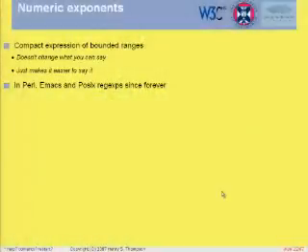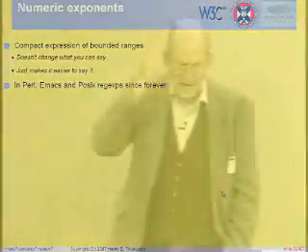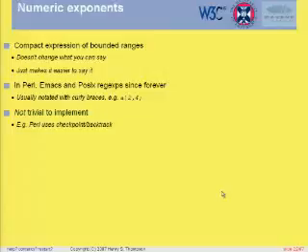And in Perl, Emacs and POSIX regular expressions since approximately forever, often notated with curly braces, so 2, 3, or 4 A's, but it's not trivial to implement. The Perl regex code, if you look at the Perl regex interpreter, is hugely complicated because it's trying to be as efficient as possible at doing this with checkpointing and backtracking, and not ending up with huge amounts of space.